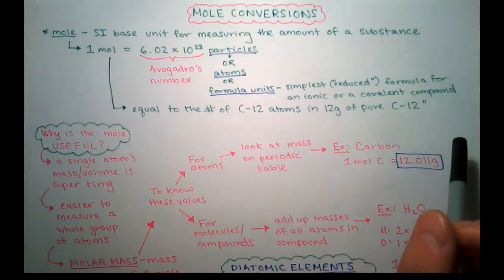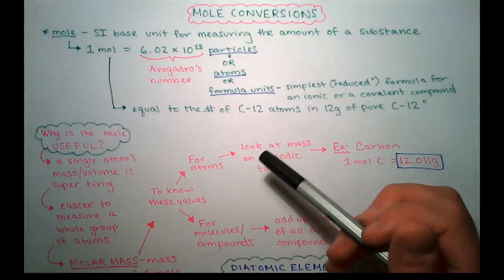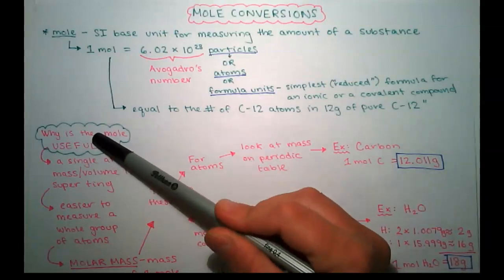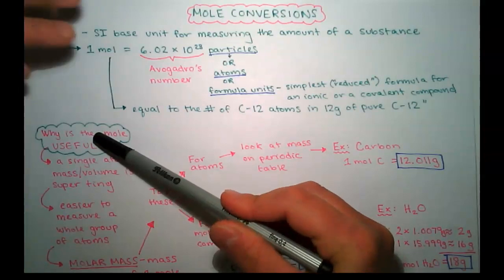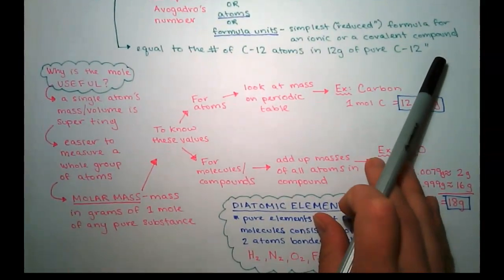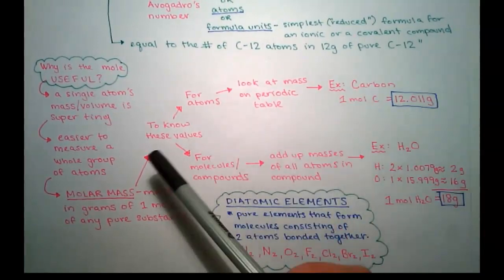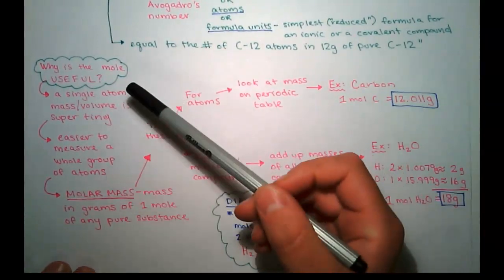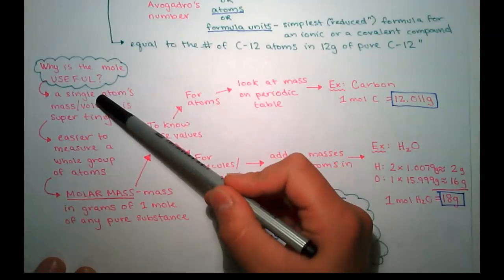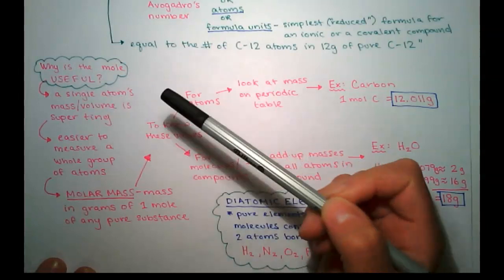So that might seem kind of nebulous, but it doesn't really matter because the mole is super useful to scientists all over. Let's talk about why the mole is useful. The difficulty here is that a single atom is really, really tiny.